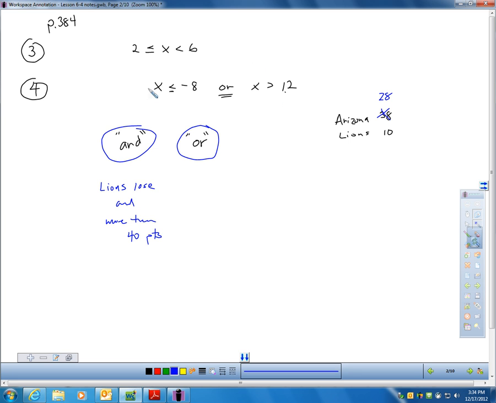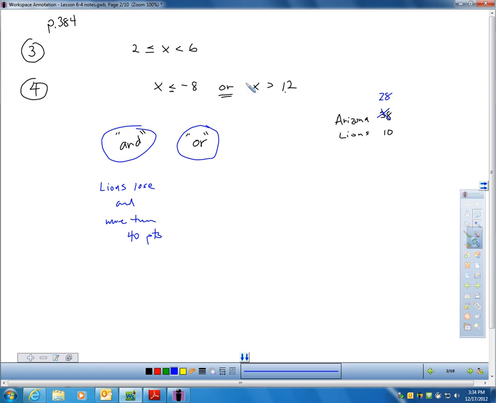Well, it's the same kind of idea with this. Or means, think about it. If you have a card game, can you draw a card greater than 12 and less than negative 8 on the same draw? And obviously, no. I mean, there's no card greater than 12 that also is the same as numbers less than negative 8. So if you have to draw one of those cards at the same time, you've already lost.